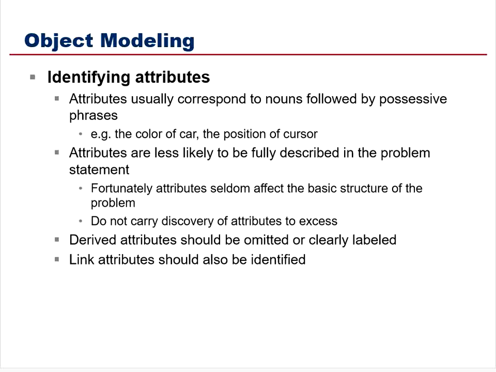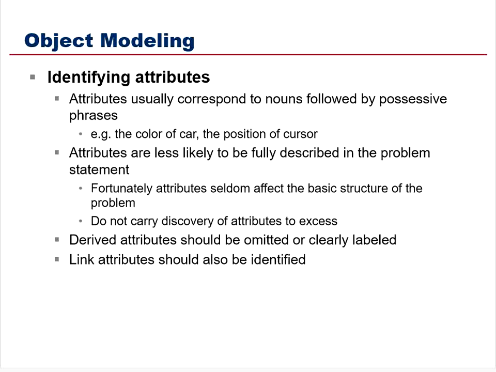An attribute is nothing but a characteristic of a particular object or class. One example is the color of the car and the position of the cursor. There are two more kinds, derived and link attributes. The derived attribute should be omitted in every system, and the link attribute should also be identified.